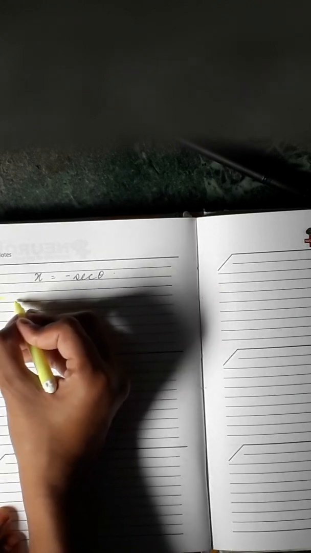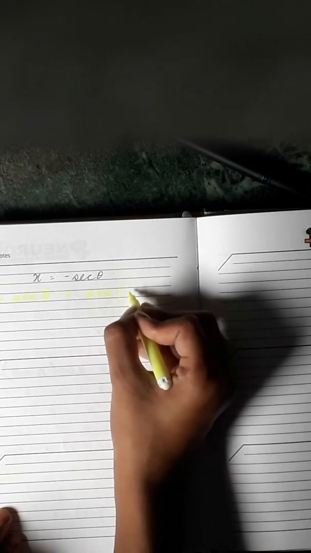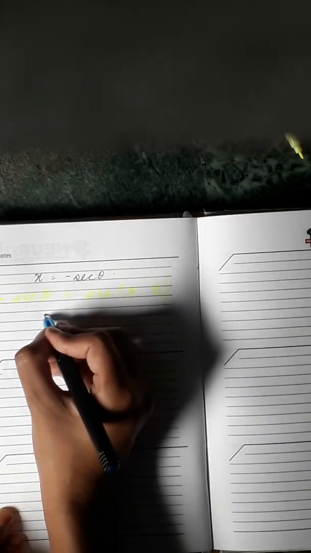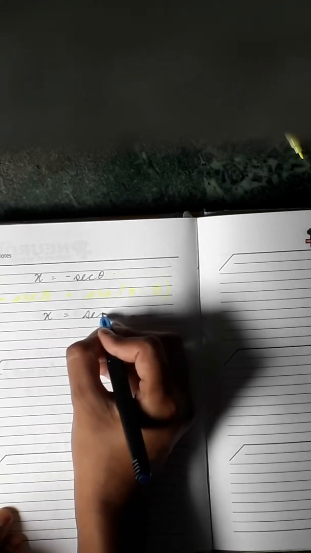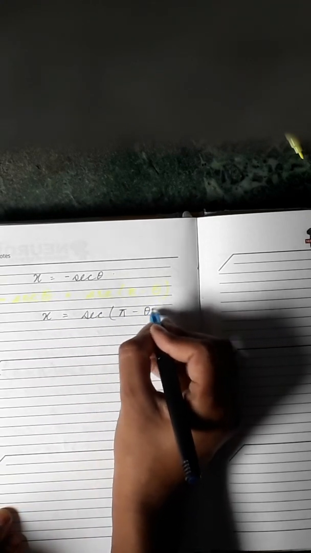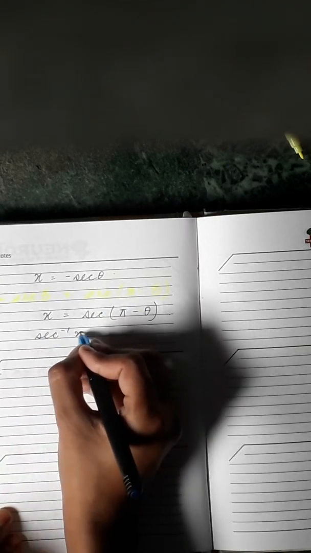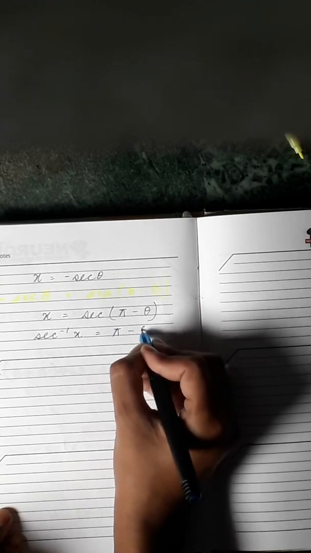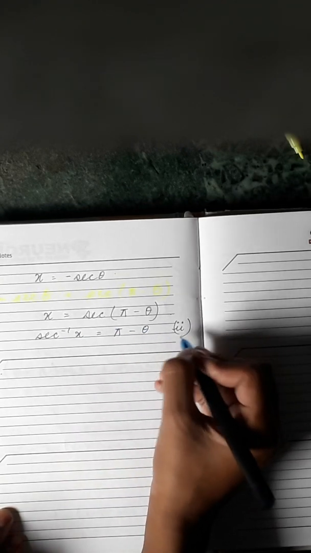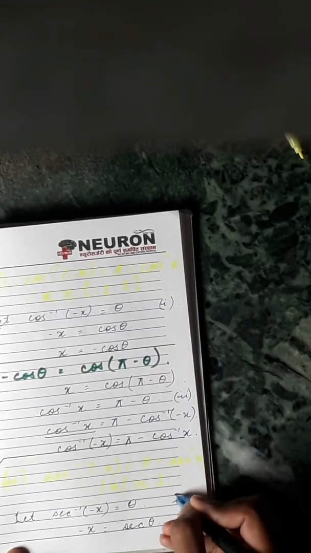So again you have the property minus sec theta is equal to sec pi minus theta. So in place of minus sec theta you can write sec pi minus theta. Now just take this sec from RHS to LHS. It became sec inverse. Again what you have to do is to substitute the value of theta from step 1 and step 2.